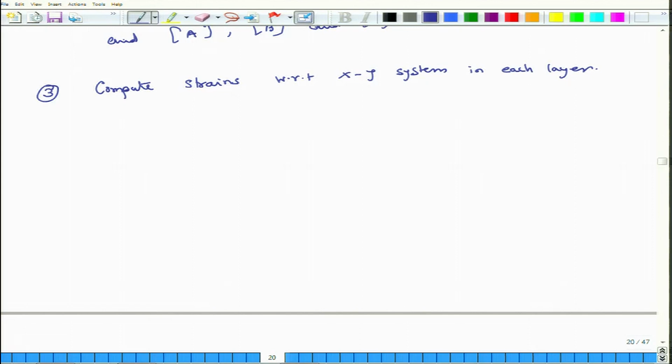Now, we had explained earlier how we compute strains in each layer. See, epsilon is equal to epsilon naught vector plus z times curvature vector.